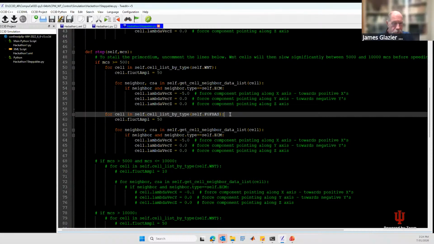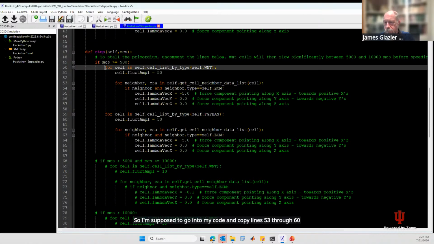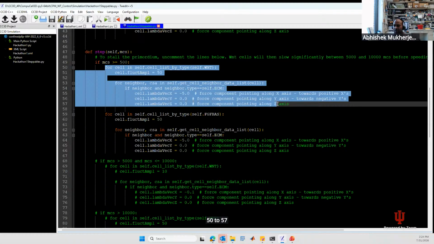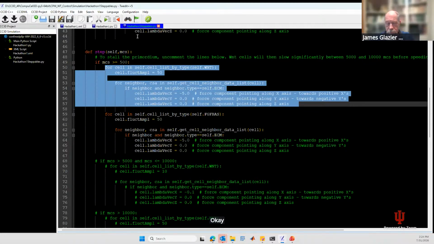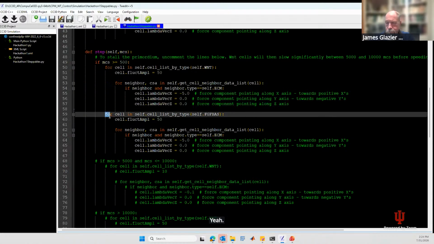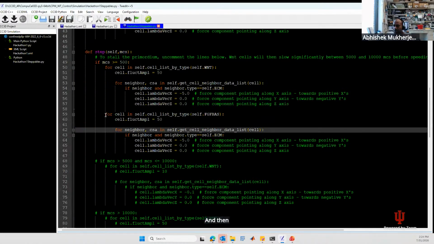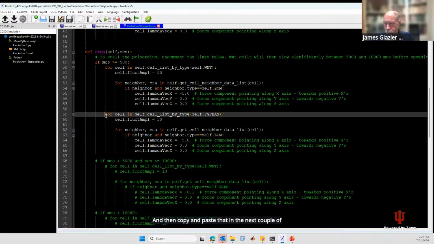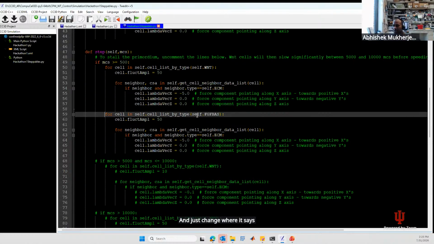So I'm supposed to go into my code and copy lines 50 through 57? Yes, 50 to 57. Then copy and paste that in the next couple of lines, and just change where it says for cell in self.cell list by type on line 59 to self.FGF bas, the basal cell layer.